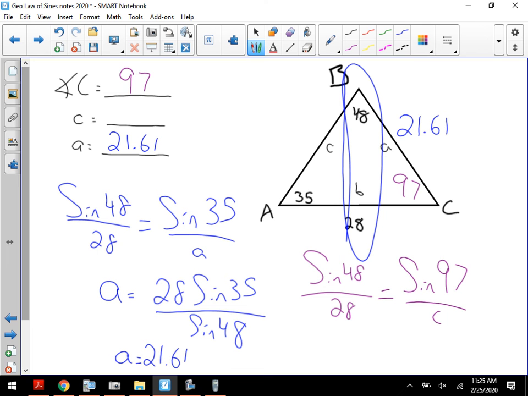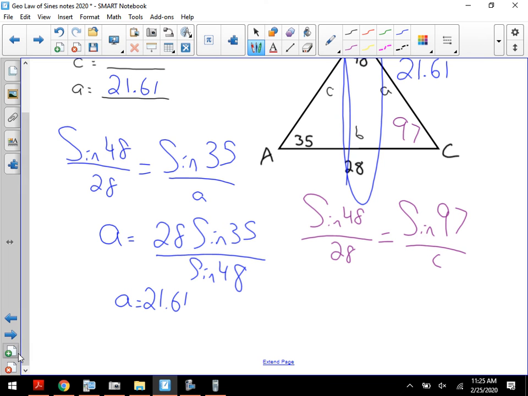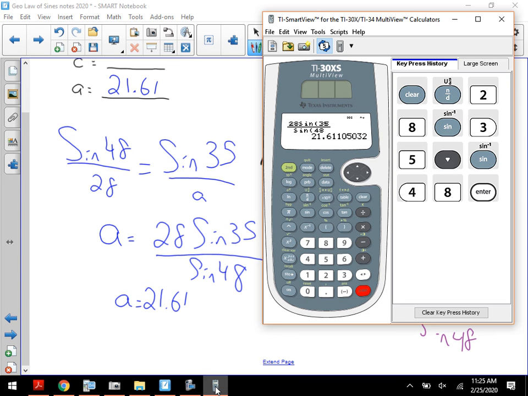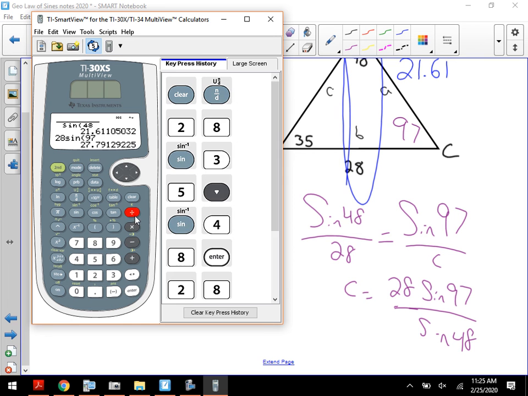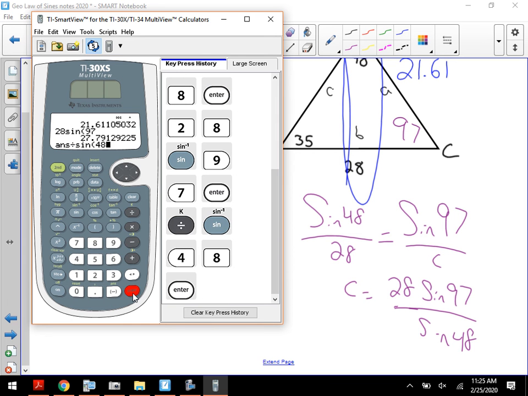We do an exchange-o change-o, multiply by the denominator. Little c will equal 28 sine 97 over sine of 48. That's 37.4 when you go to one decimal place.